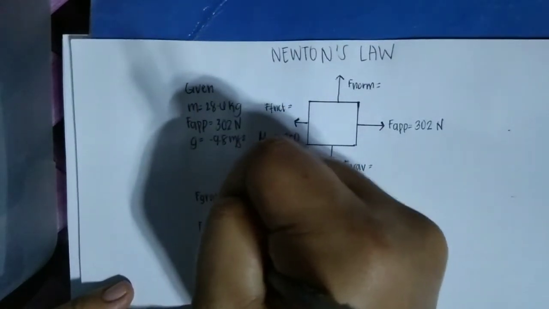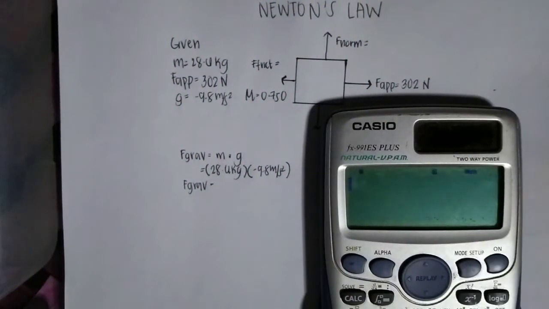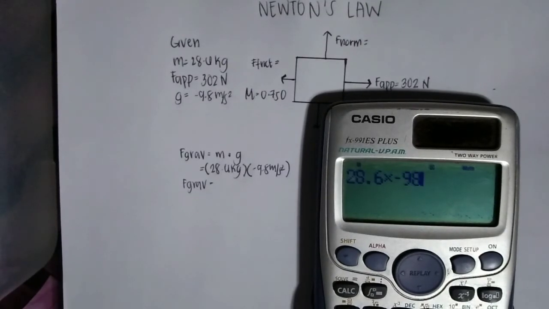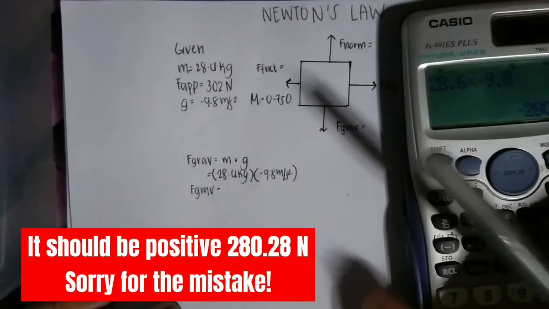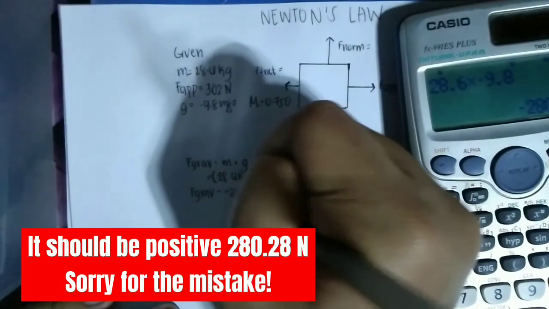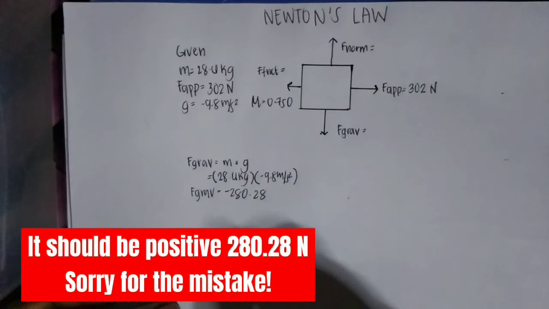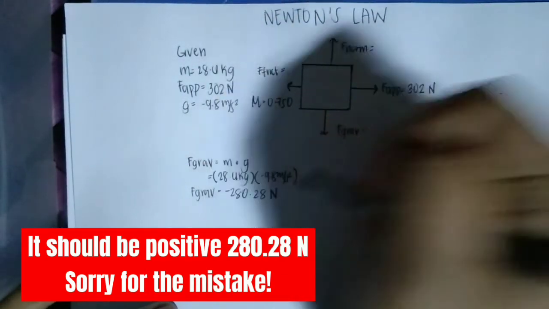Then we will solve it. 28.6 kilograms times 9.8 is equal to negative 280.28 newtons.